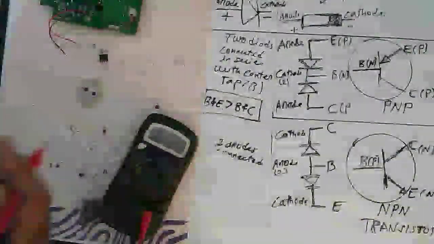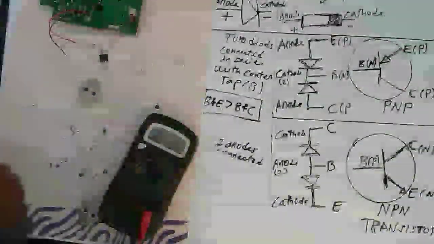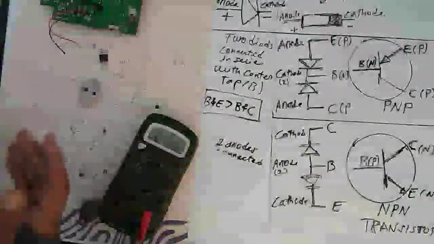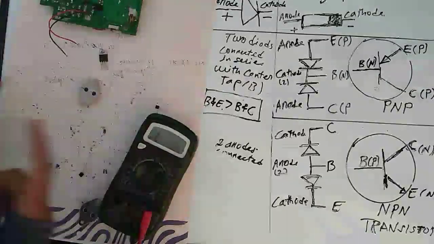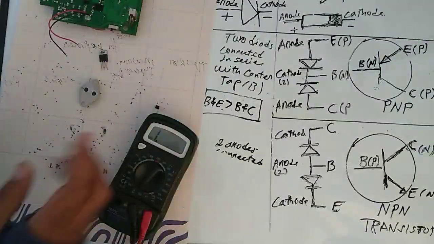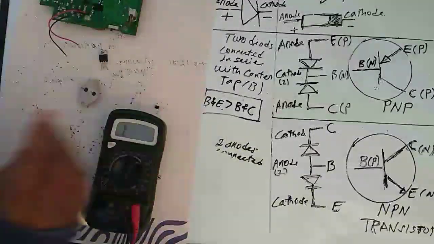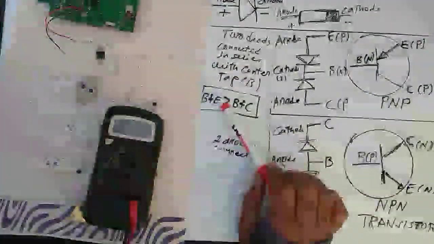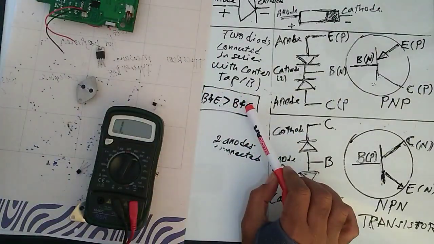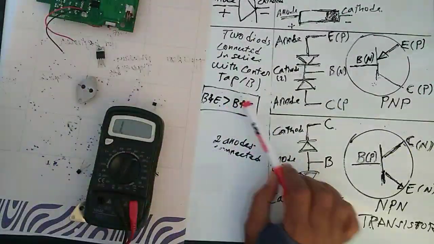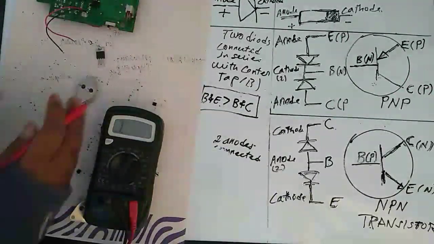So how do I know if it's faulty or not? I get a reading, but how do I know if there is some kind of leakage between the pins inside? One way is to find out that the base to emitter resistance value is greater than the base to collector value. If so, the transistor is okay.